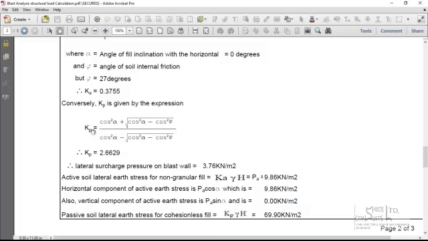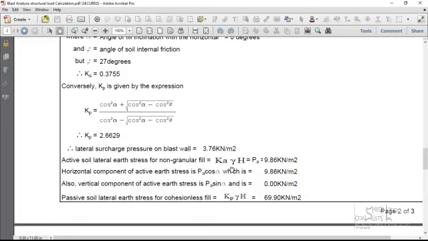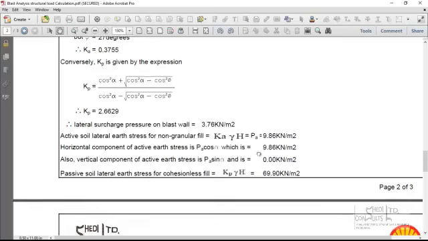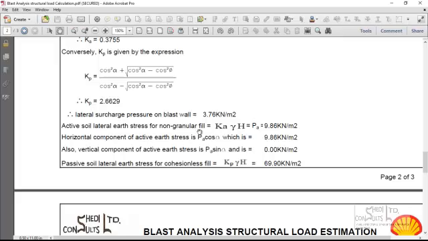Okay, so this is the coefficient expression for purely cohesionless soil. It is different for a C-phi soil. The expression for active earth stress for a purely cohesionless soil, that is a granular soil, is this expression, Ka rho h. This is for a granular fill.